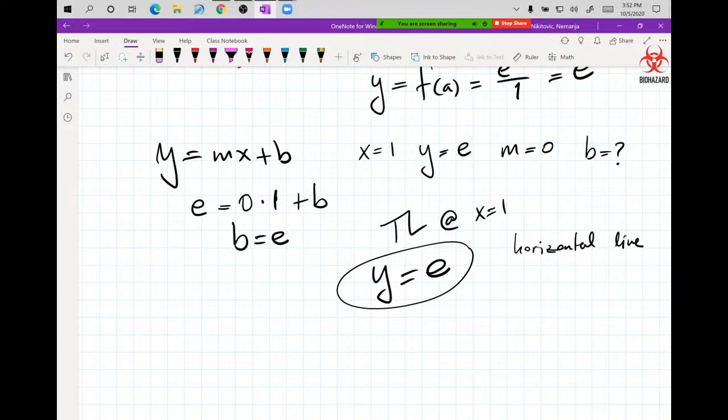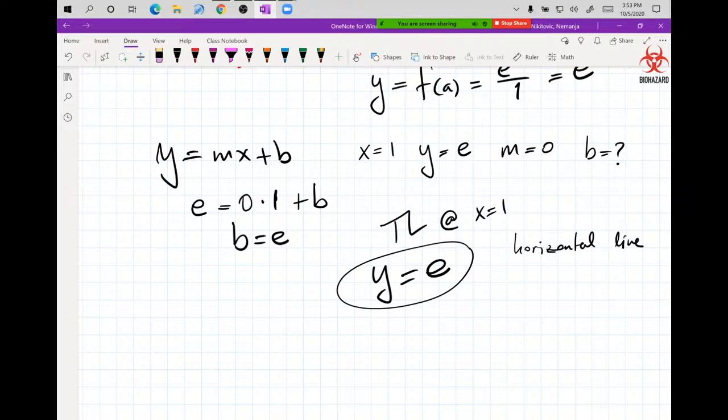Now what we should do is graph both functions and make sure that this is true, that this one has what we call horizontal tangency.